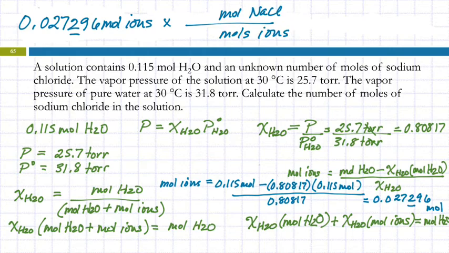If I don't have access to the actual van't Hoff factor, I'm just going to look at the chemical formula and say, well, how many ions does that break into? 2. 1 mole of sodium chloride would give me 2 moles of ions if I ignore ion pairing. So that's 0.0136 moles of sodium chloride.